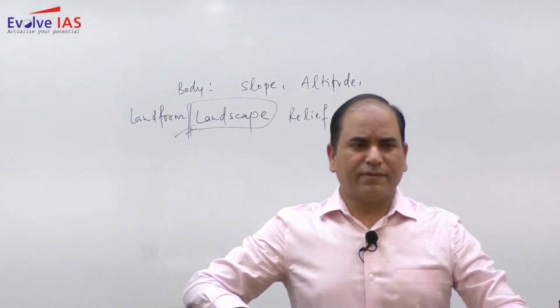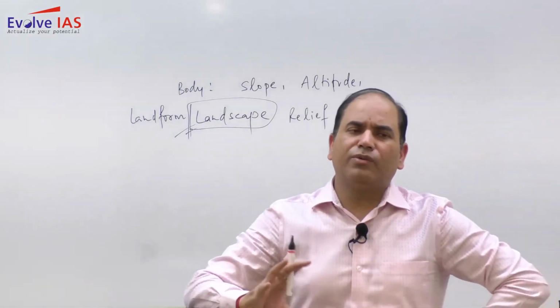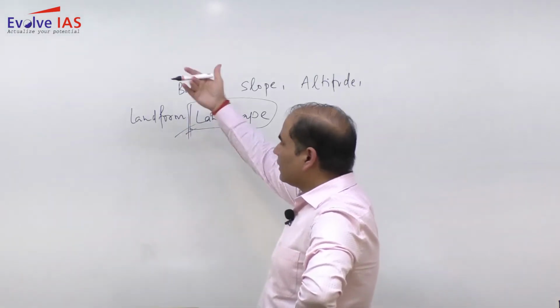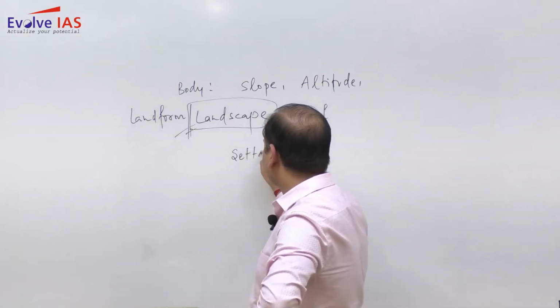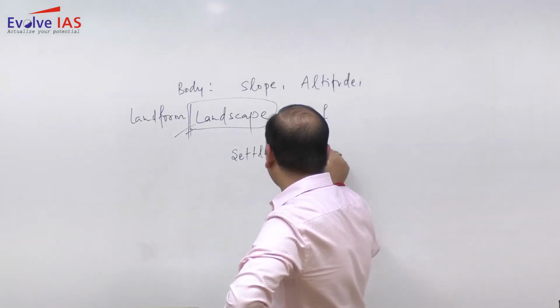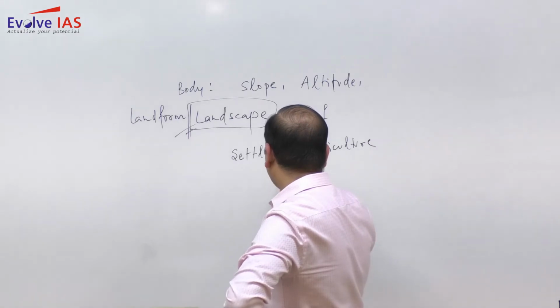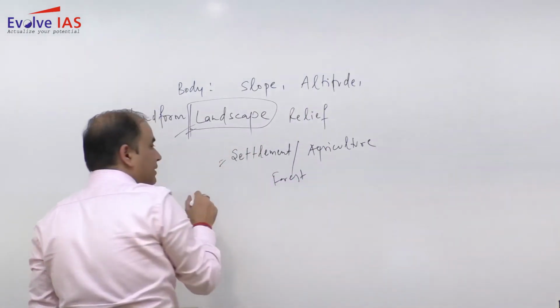But as far as this question is concerned, you need to tackle this question from the perspective where you are highlighting some of the landscape development also, like you can give the references of settlement, some of the agricultural activity, some of the forest land, but also you need to treat some of the landforms.